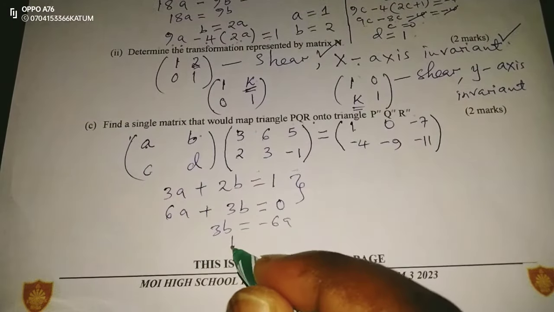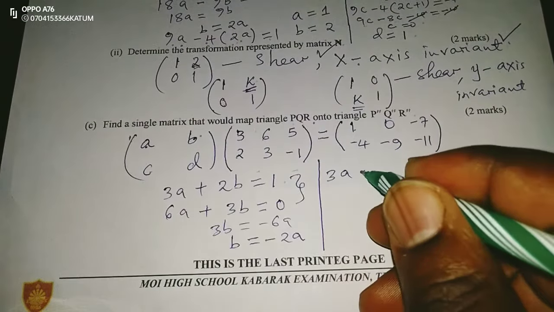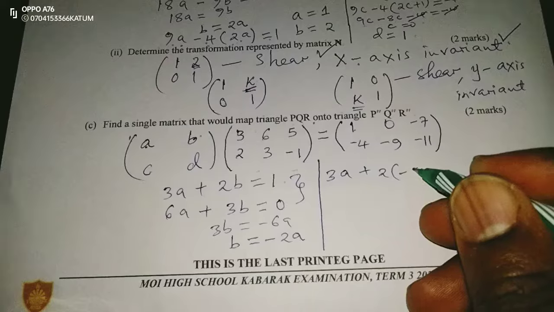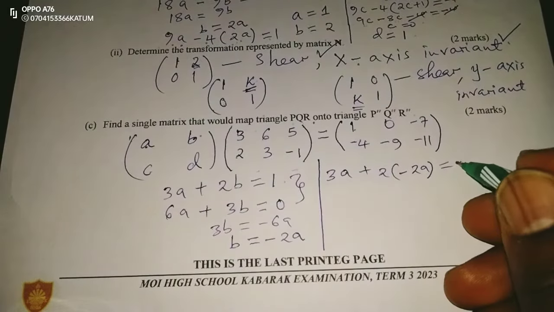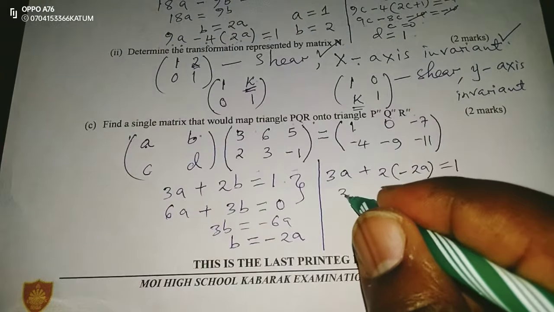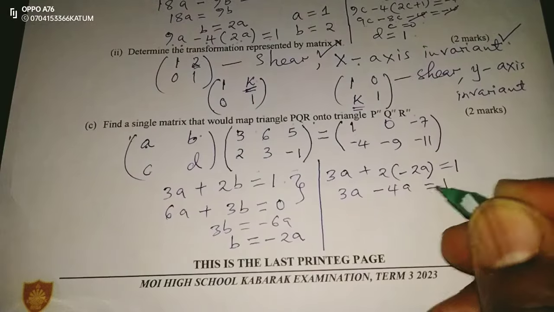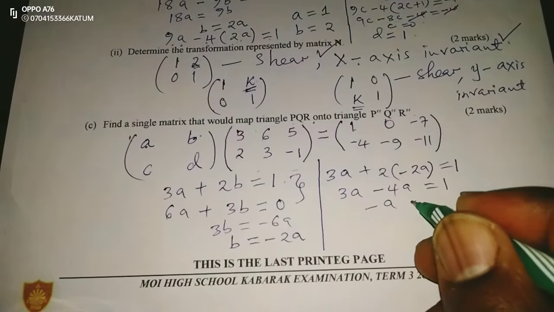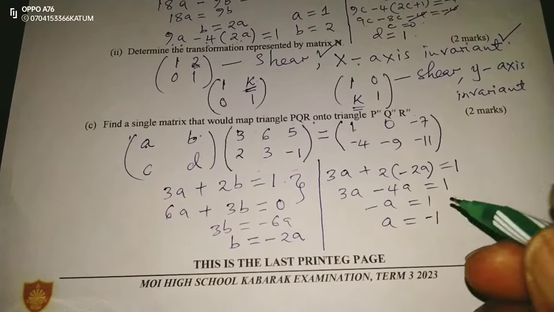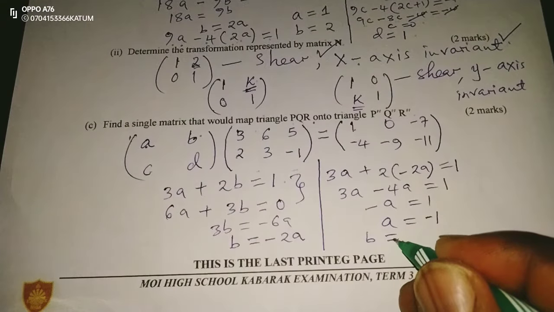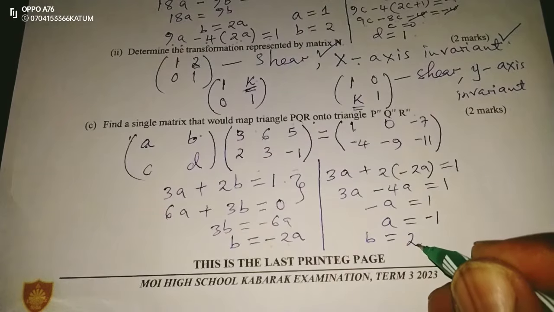Now we substitute in the first equation: 3A plus 2 times negative 2A equals 1. This is 3A minus 4A equals 1, so negative A equals 1, and A becomes negative 1. So B equals negative 2 times negative 1, making it 2.